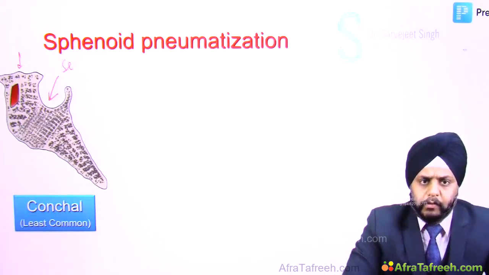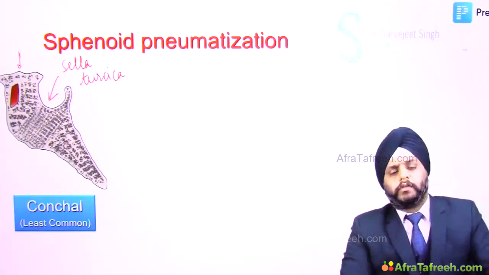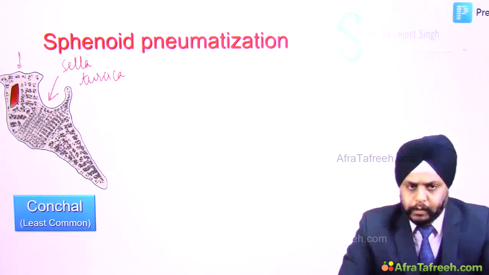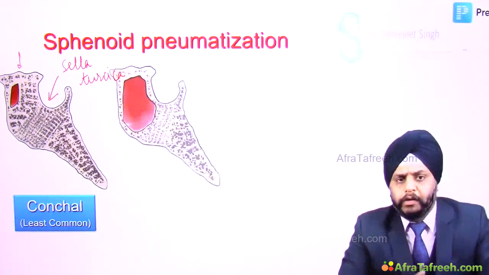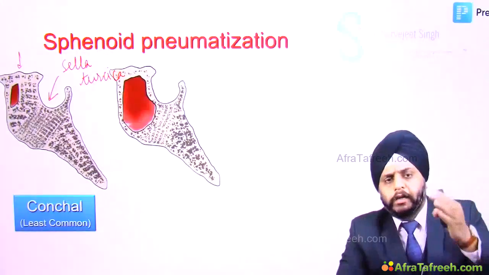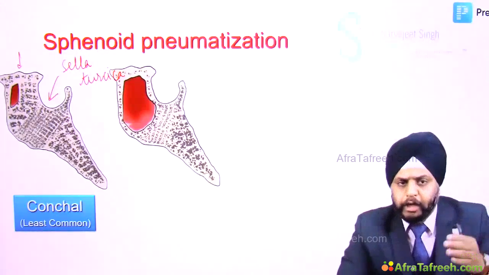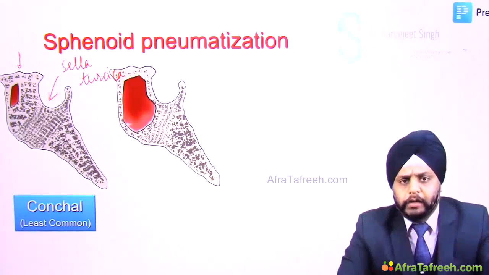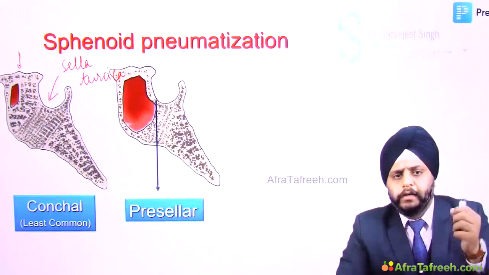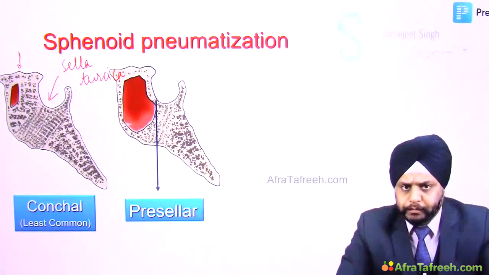Now, what is this over here? We have discussed in the sphenoid, this is the sella turcica. Now, if this pneumatization reaches till the anterior wall of sella, you can see in the second diagram, it has reached almost the anterior wall of sella. This is therefore known as pre-sellar pneumatization.